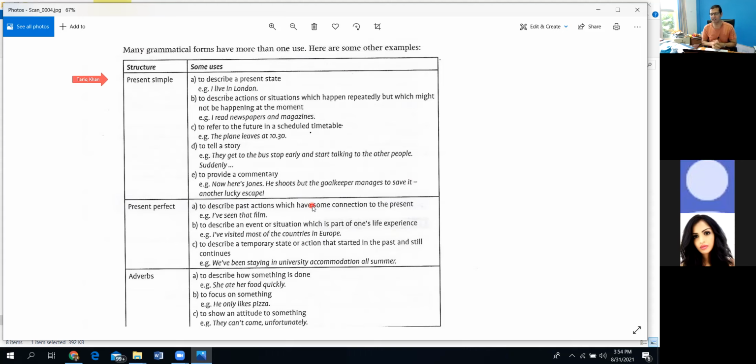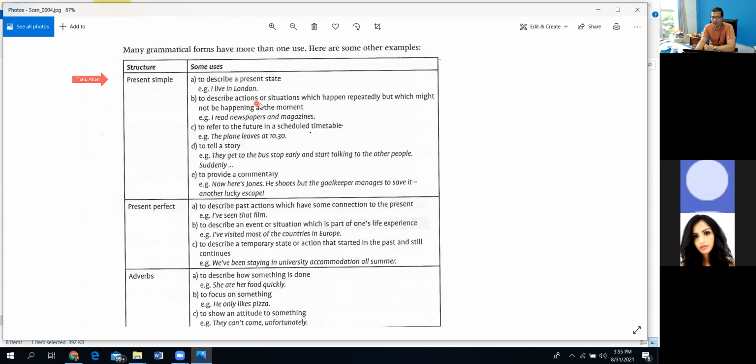That's how they will be testing you. Like if you see present simple tense, how many ways can we use it? A, to describe a present state, like I live in London. Present state.